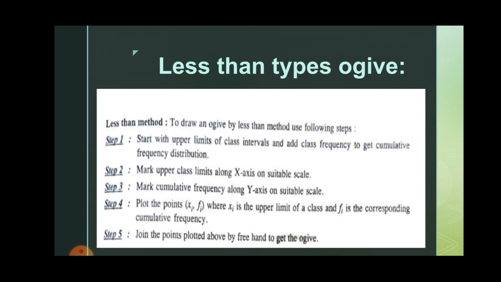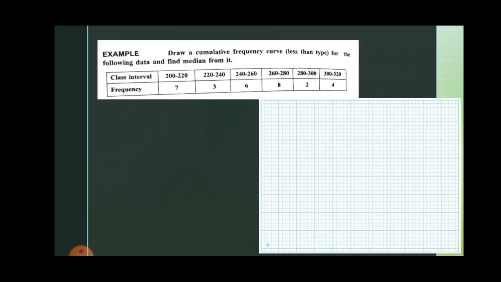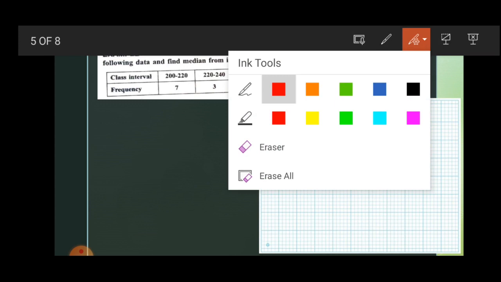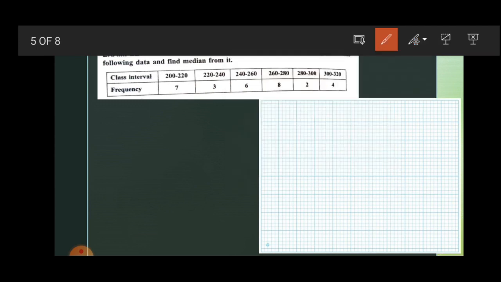Let's do one example. Draw a cumulative frequency curve of less than type for the following data and find the median from it. Class interval and corresponding frequencies are given. First, draw the cumulative frequency table.